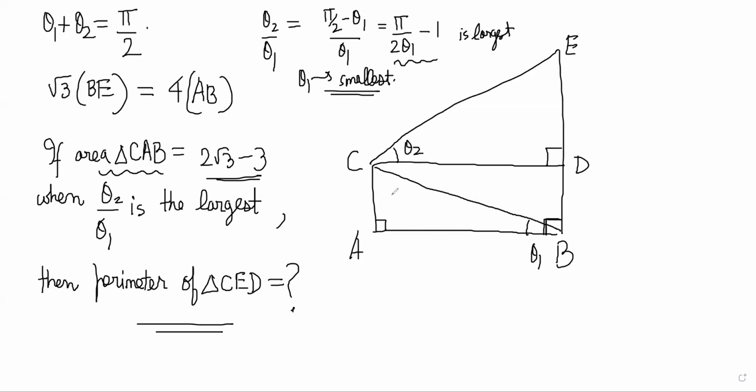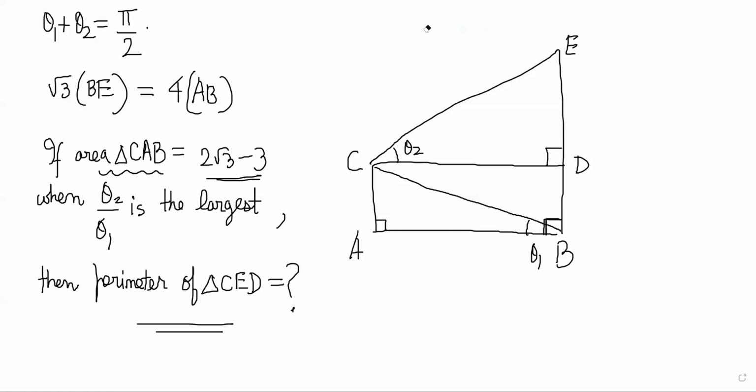Root 3 BE equal to 4 AB. But I'm getting a negative value there, when I use the Pythagoras theorem and try to solve this. That means you are doing something wrong. You take this base as x and this part as y.